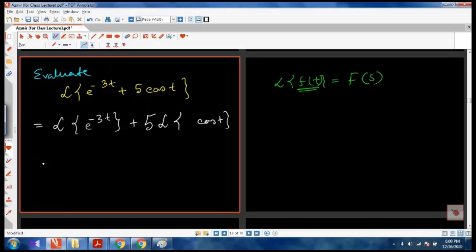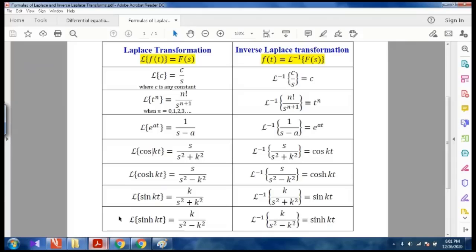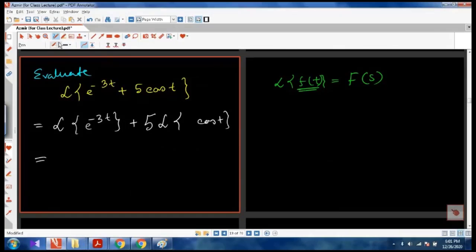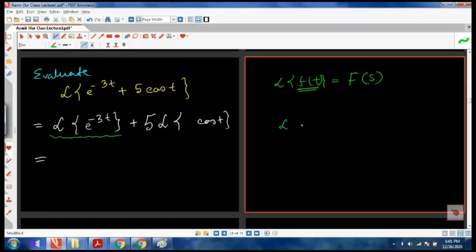Now, this is the time to focus on the formulas. So we have 1, 2, 3, 4, 5, 6, 7 formulas. So the first one, we have to solve this Laplace transformation of e power at.